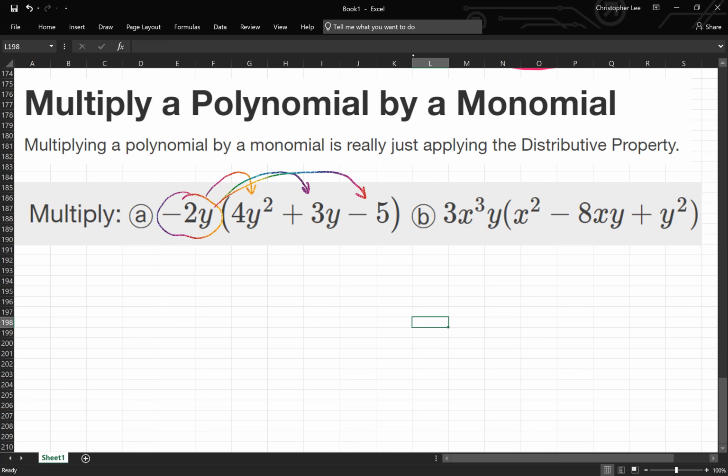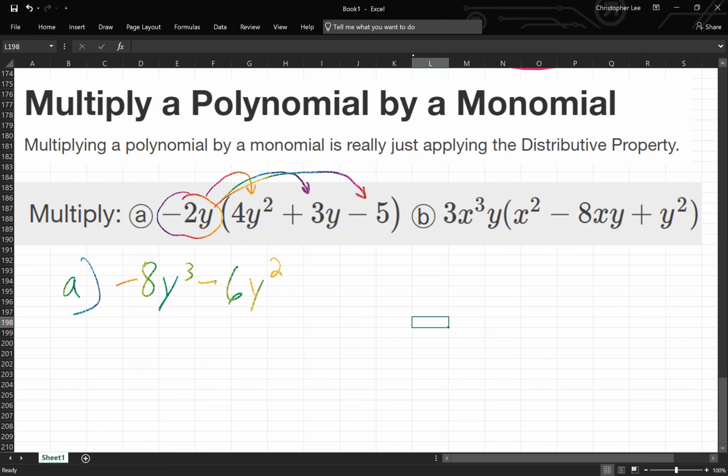So I have -2 times 4. That's going to give me a -8. I'm doing A, by the way. And then we have y to the 1 times y to the second is going to give me y to the third. Now, -2 times 3, that's -6. Y to the first times y to the first is going to give me y to the second.